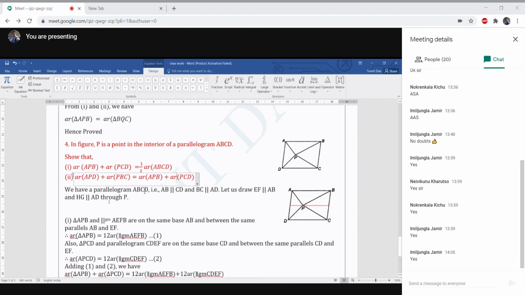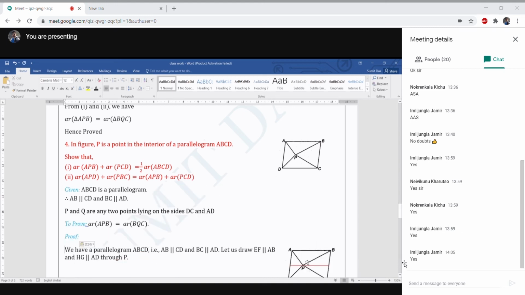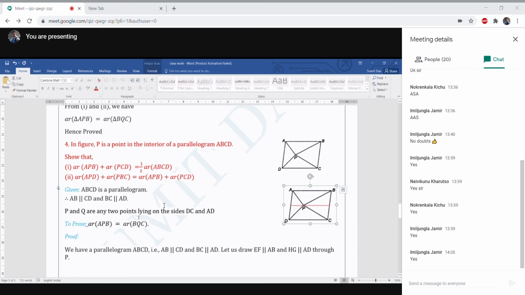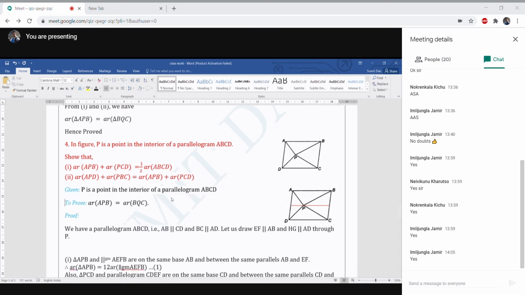Let's start. We will not write anything, we will just do one construction. In the given part you can just write this: P is a point in the interior of parallelogram ABCD.